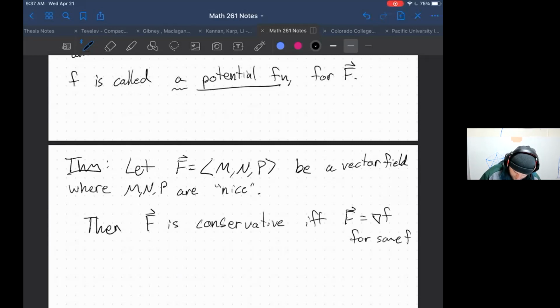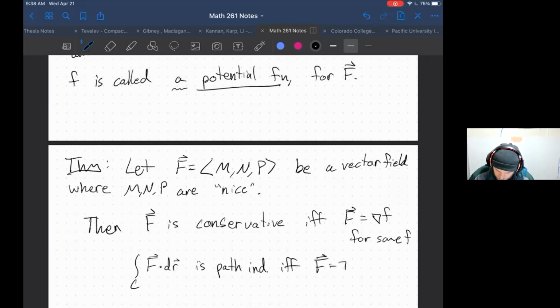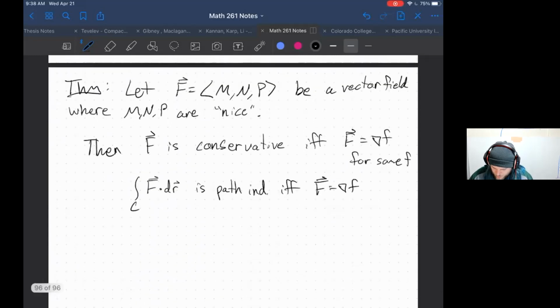But we also have in this theorem that the work integral of the vector field along any curve is path independent if and only if capital F is the gradient of some little f. So the idea here is that this takes some proving to do. It's a theorem. It's not just like a nice lemma or fact.